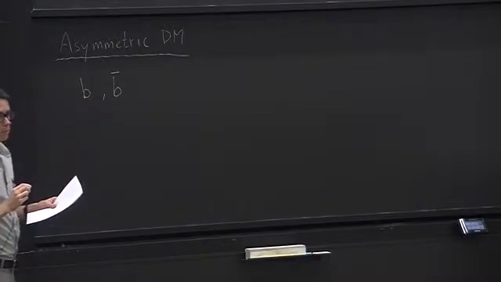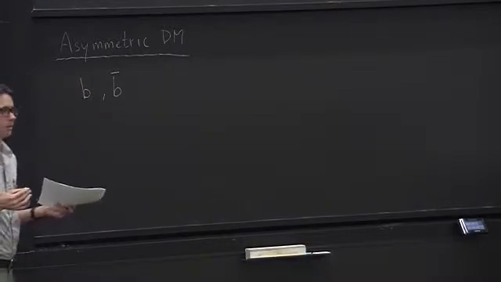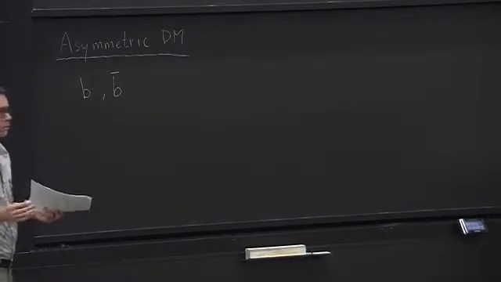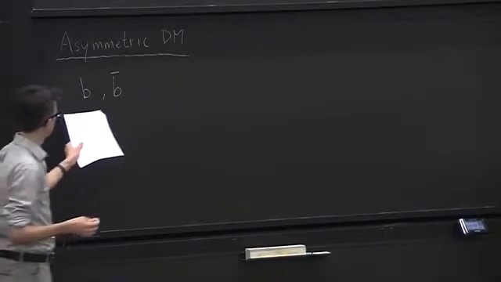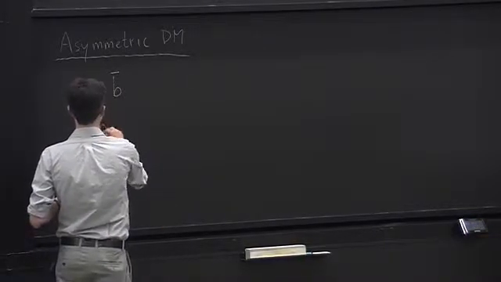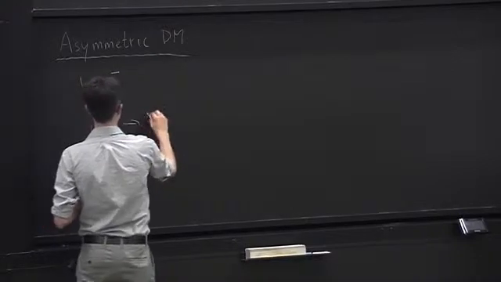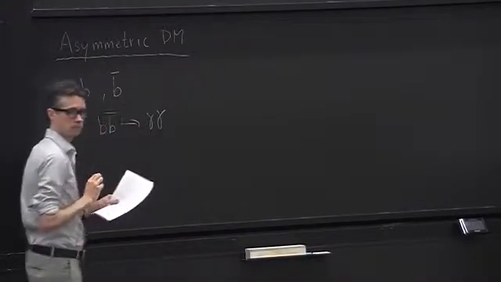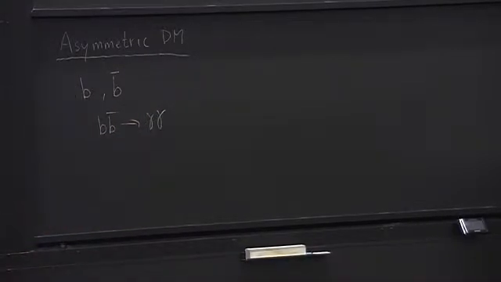But we know that baryons and antibaryons, and by baryon I just mean typically a proton or a neutron, or antiproton, antineutron, we know that baryons and antibaryons can annihilate into a pair of photons. And they annihilate fairly efficiently into photons.